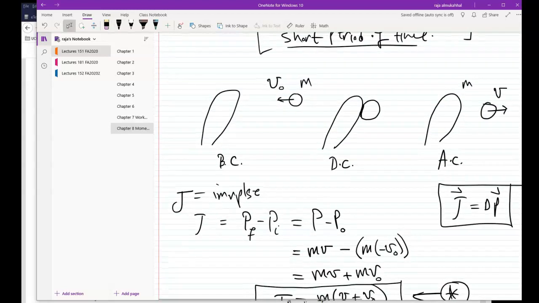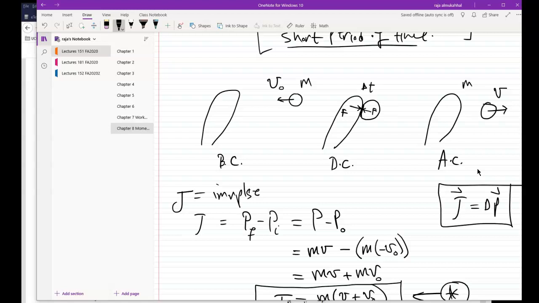Let's look at DC right here, which is the time of contact of the ball with the bat for that very short time, something like 0.15 second. What's going on here? The bat is exerting a force on the ball like that, and the ball is exerting the same force on the bat like that, action-reaction, for a very short time, delta t.